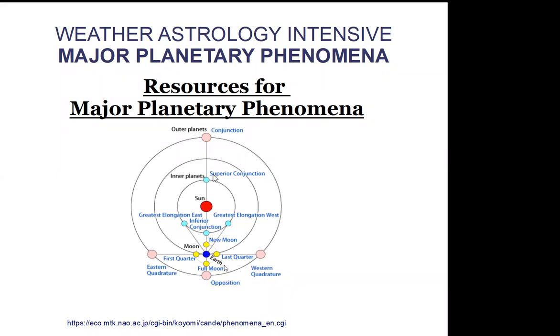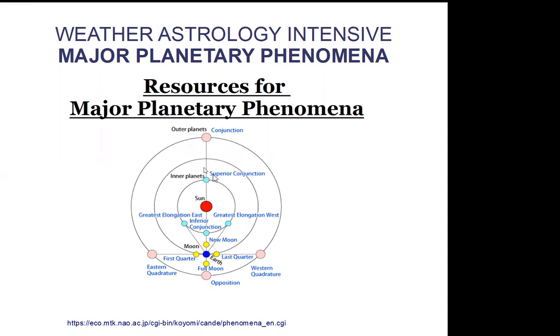So in the middle, we've got Earth in purple. There are the 4 quarters of the moon. And then the little turquoise dots are the inner planets, in other words, Mercury, Venus, and so on. And the pink are the outers. So that's Mars, Jupiter, Saturn, Uranus, Neptune, and Pluto.